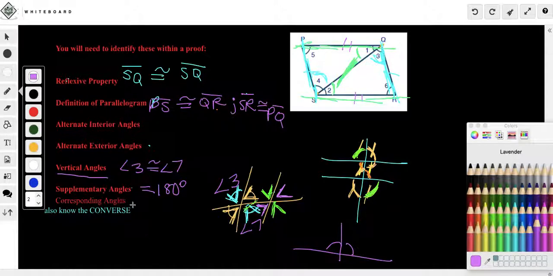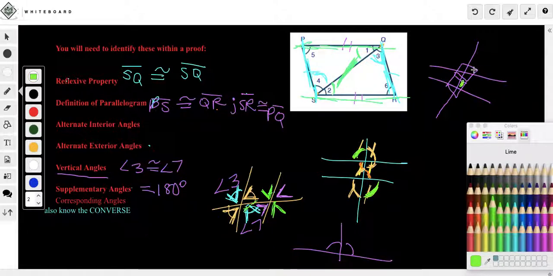And then corresponding angles. Corresponding angles are congruent, and I talked a little bit about this at the help session and earlier on a different YouTube video. But the way that I was thinking of it is that you have like two 4-square boxes, and the corresponding angles are going to be the ones in the same section.